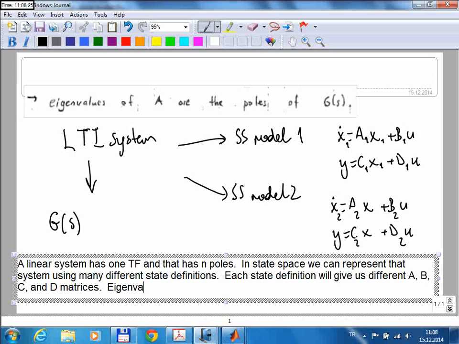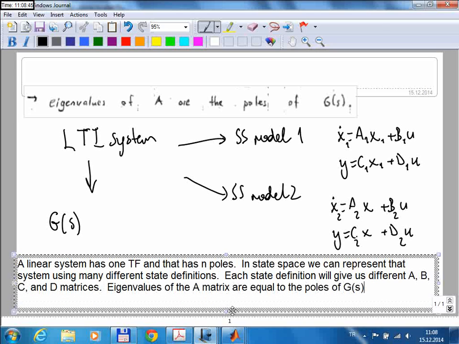And eigenvalues of the A matrix are equal to the poles of G of s, and these are unique.